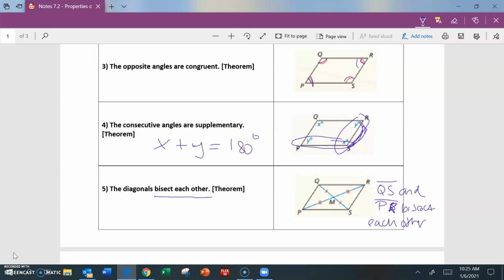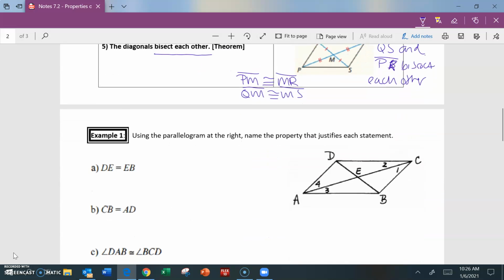So in this specific diagram, we know that PM is congruent to MR. And we also know that QM is congruent to MS. All right? Okay, let's go ahead and go on.